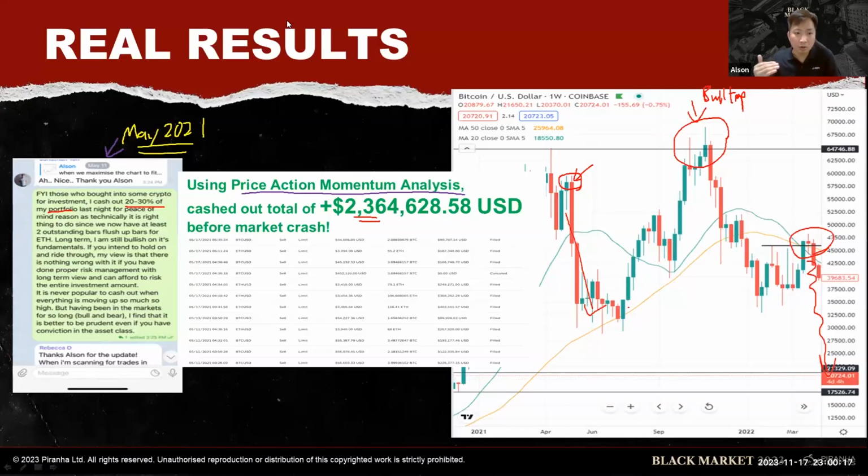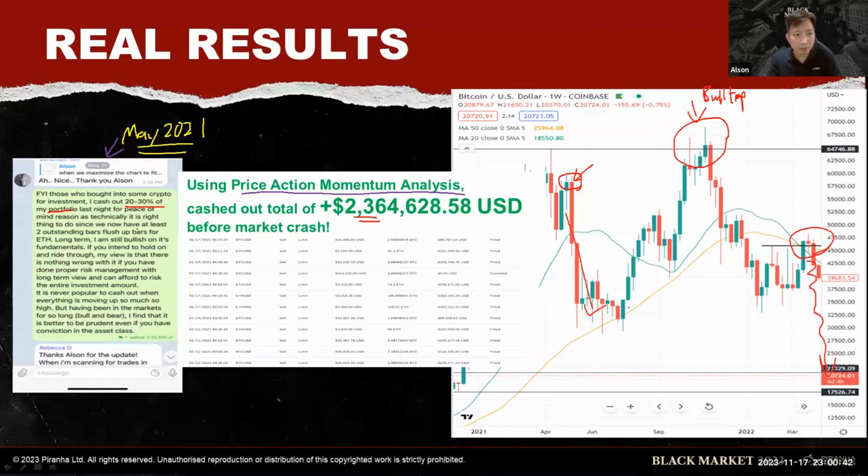If I did not know about market manipulation, I would have given back at least $5 million, more than 5 million. Okay? And I can't sleep at night, right? If that happened, right? So this has helped me not just in that previous cycle, last cycle, the same thing. Okay, and it's based on price action manipulation technique, right?